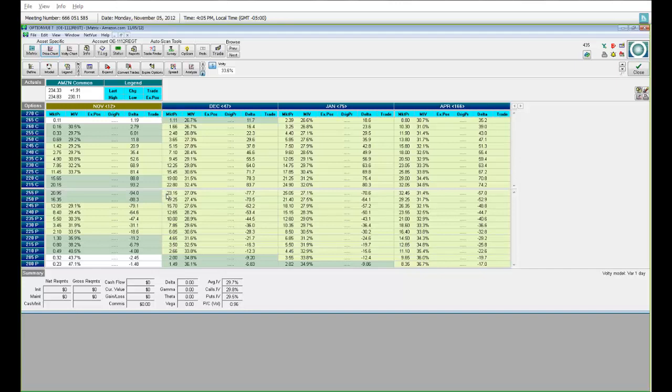Everything that you see in this column are the November expiration options. So they have a definite lifespan, and they're going to expire in November.